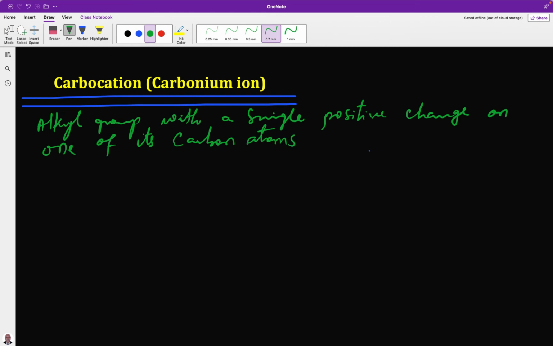So a carbocation is an alkyl group with a single positive charge on one of its carbon atoms.